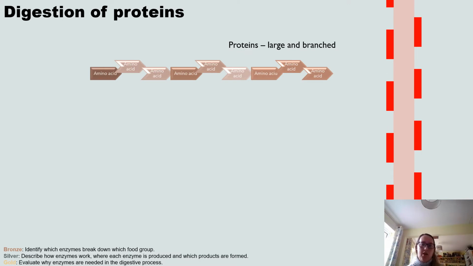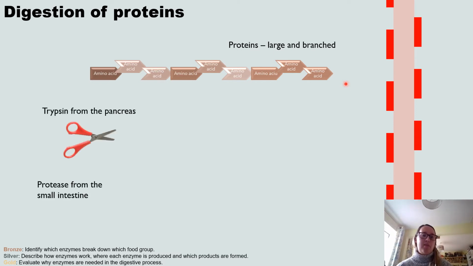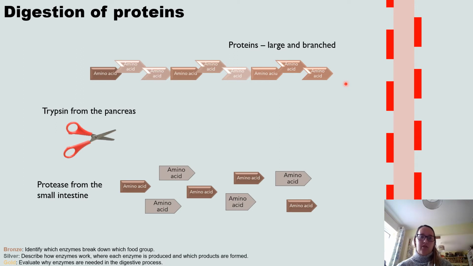the bloodstream. So if we go on to proteins, remember, proteins are large branched structures. They are long chains of amino acids. So we have trypsin, which is from the pancreas, and protease from the small intestine. Trypsin from the pancreas breaks it down into slightly smaller molecules. So you'd have two amino acids joined together, they'd be peptides.